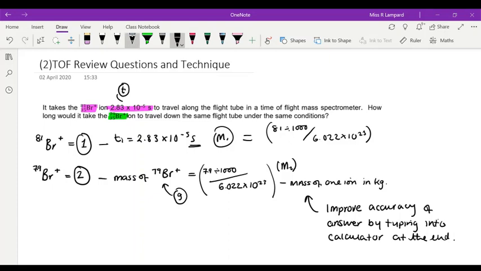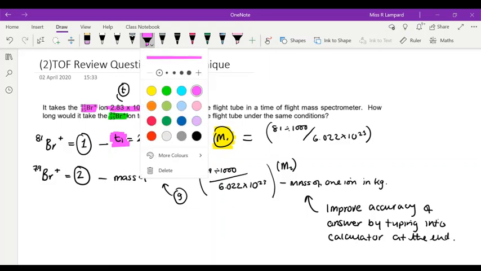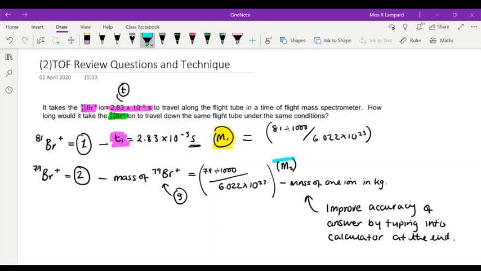Okay, so now we've got information for the mass of ion 1. We've got the time of ion 1. And we've got the mass of ion 2. Okay, and the question is, what is the time that it takes ion 2, so T2, to travel down the same flight tube?